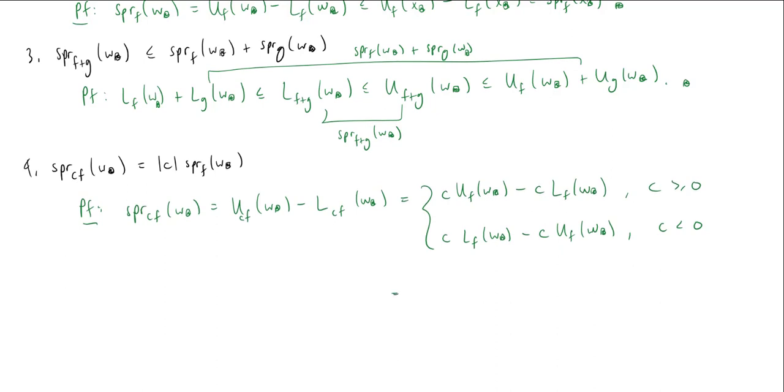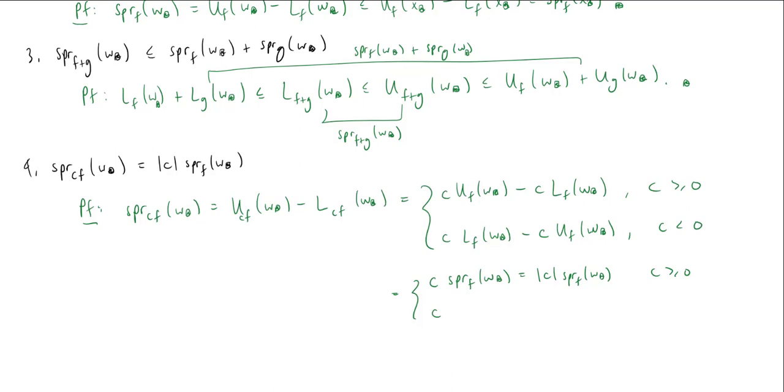In the first case, I have C times upper minus lower. That's just the F spread, which of course I could write as the absolute value of C. That doesn't hurt anything. So that's when C is greater than or equal to 0. And here I can pull the C out, and I get lower minus upper. That's the negative of the F spread.